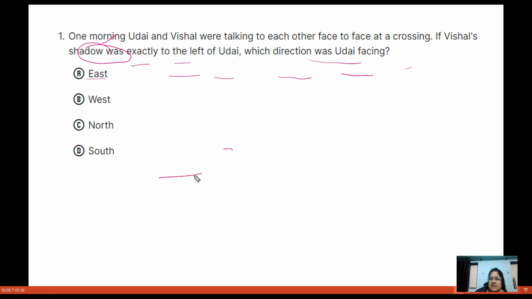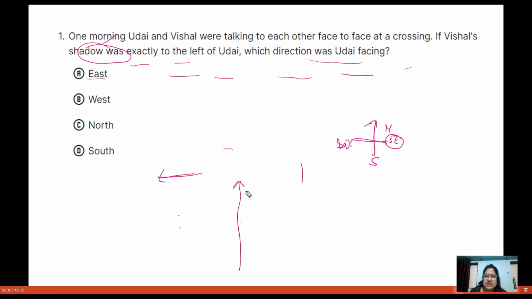Always the shadow will be on this side only, if we mark the directions north, east, south, west. So the shadow will obviously be in this direction. So Vishal's shadow was exactly to the left of Uday.